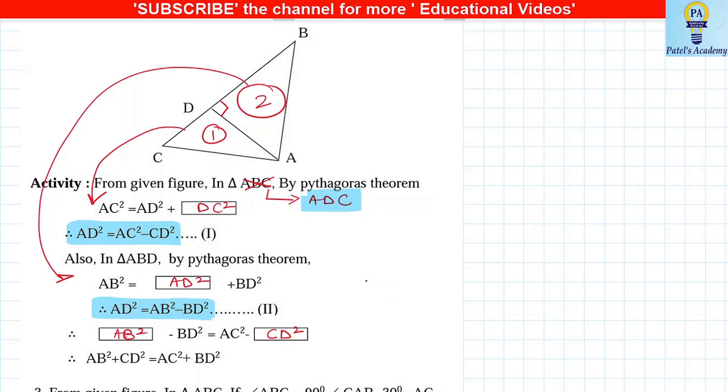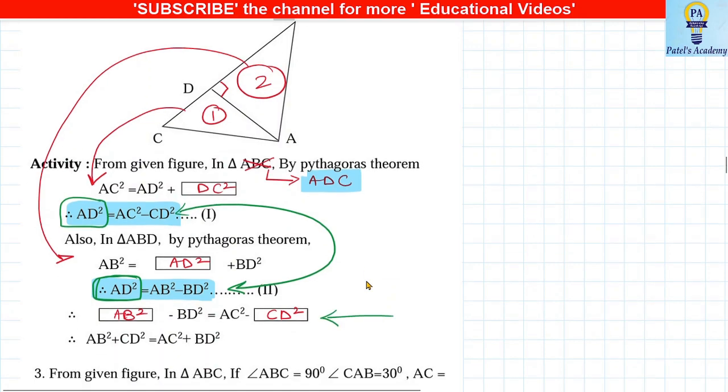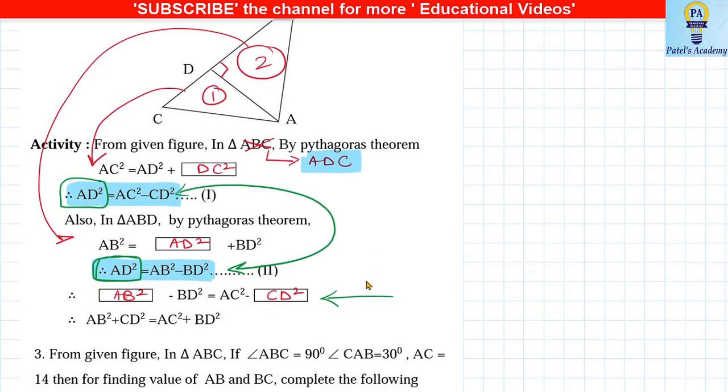Now what we see is the left hand sides are equal, that is AD square. So I'm putting their right hand sides equal. That is what is there in the next step: AB square minus BD square equals AC square minus CD square.